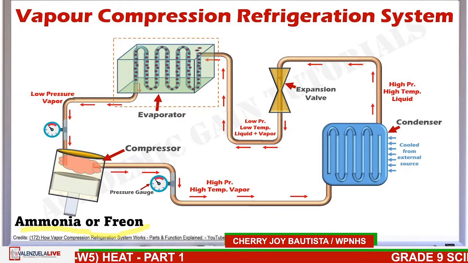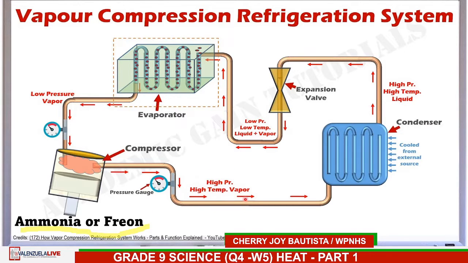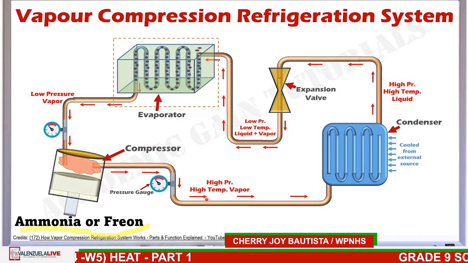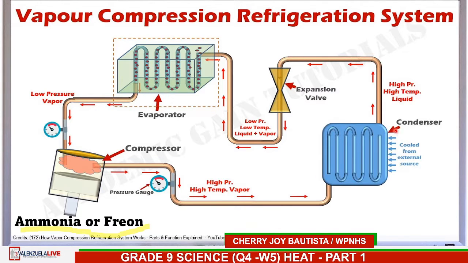If pressure increases, it also increases the temperature, so the vapor refrigerant is converted to high-pressure, high-temperature vapor refrigerant. After that, this high-pressure and high-temperature vapor refrigerant will leave the compressor and enter into the condenser, where it will change phase and will be converted to liquid.